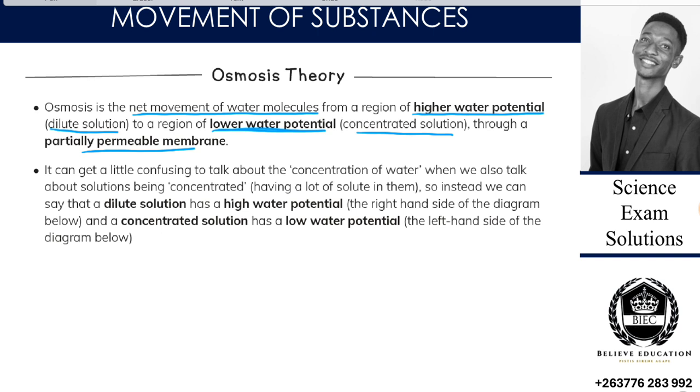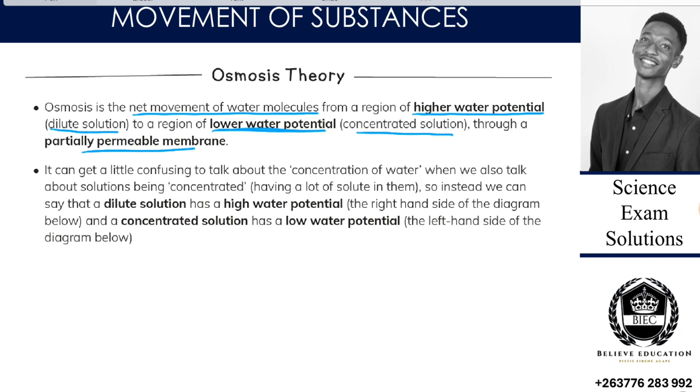Then on our second point, it can get a little confusing to talk about the concentration of water when we also talk about the solutions being concentrated, having a lot of solute in them. So instead, we can say that a dilute solution has a high water potential, on the right hand side of the diagram below, and a concentrated solution has low water potential on the left hand.